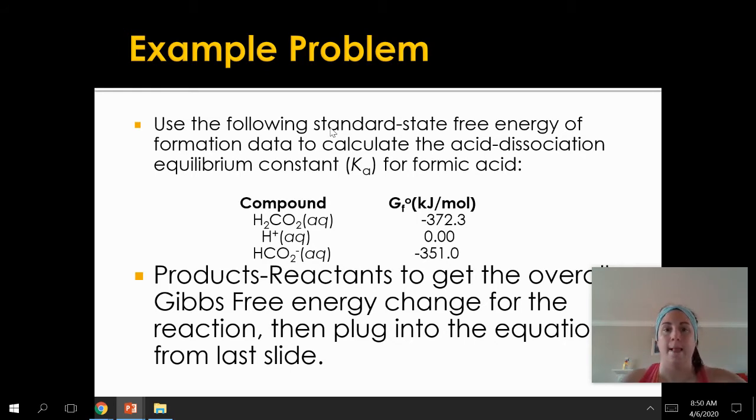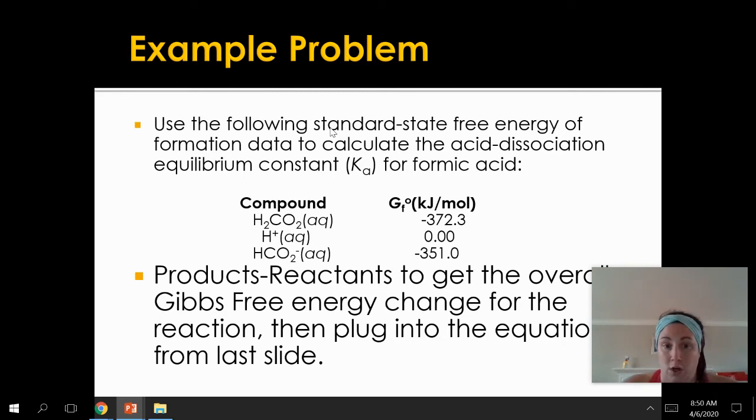In this case, you're given the standard state free energies of formation for an equation for the acid dissociation of H2CO2, which is formic acid. It says to use that formation data to calculate the acid dissociation equilibrium constant, Ka, for that acid, okay?